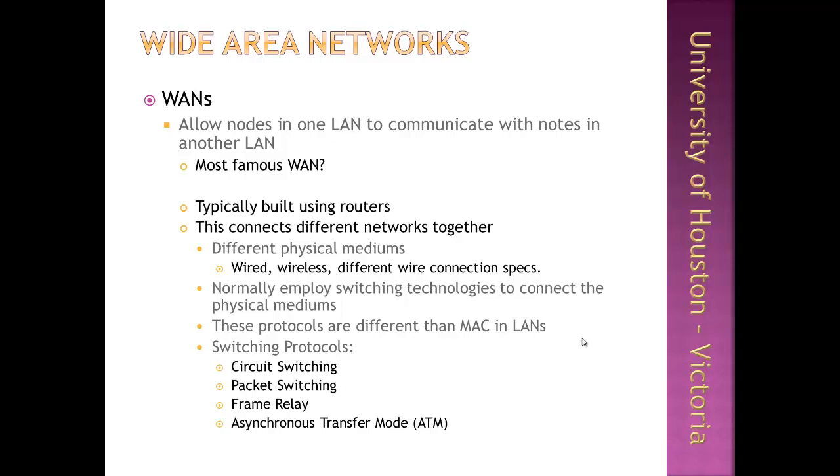The protocols used to establish connections on such non-shared mediums normally employ switching technologies, and are different from the broadcast protocols used in the medium access layer, or MAC layer, which are used in local area networks. There are different kinds of switching protocols that we will cover: circuit switching, packet switching, frame relay, and asynchronous transfer mode, or ATM. And of course, the most famous wide area network is the internet.